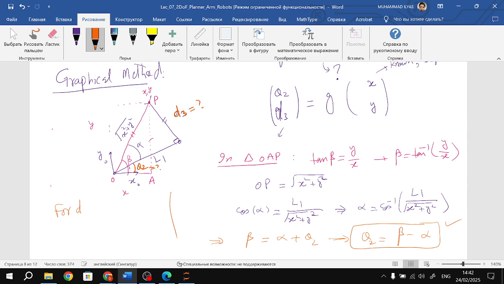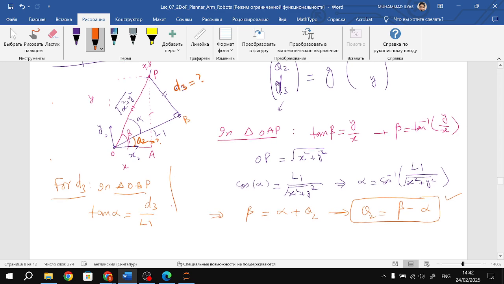For d3, what can you do? Let me check my lecture notes. Okay. For d3 is also easy because you already have this right angle triangle OBP. In triangle OBP, you can write it like tangent of alpha is equal to d3 over L1.